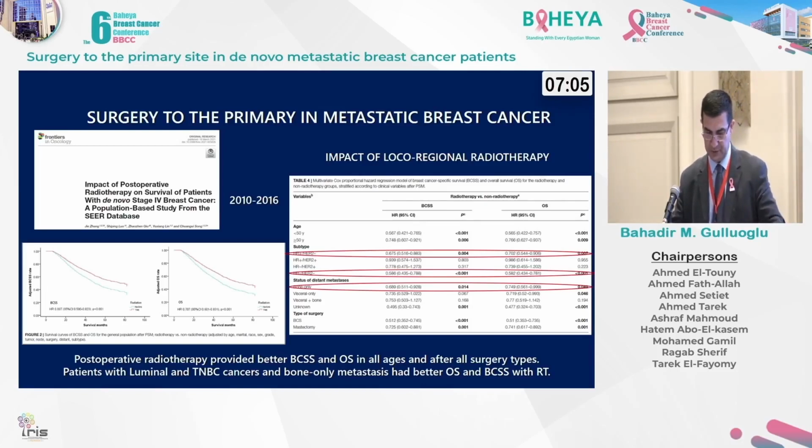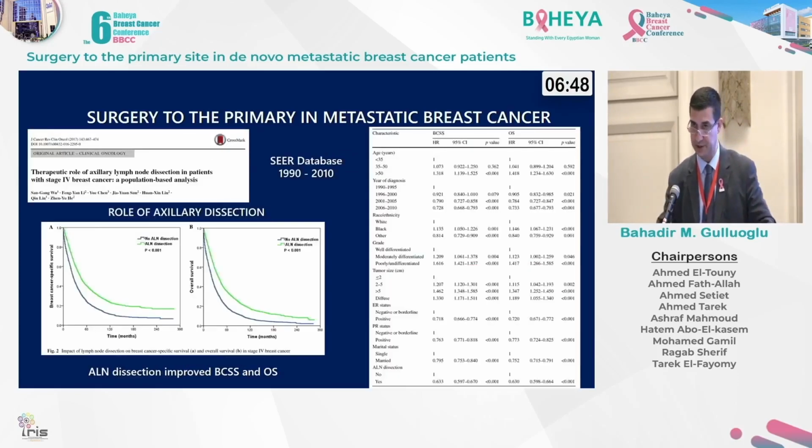And also patients with luminal and triple negative breast cancer and bone-only metastases had better overall survival and breast cancer specific survival after they received radiotherapy. So that's why we also ask people to give appropriate radiotherapy after doing a local regional treatment in these patients, not only surgery. The role of axillary dissection was never asked in these cases.